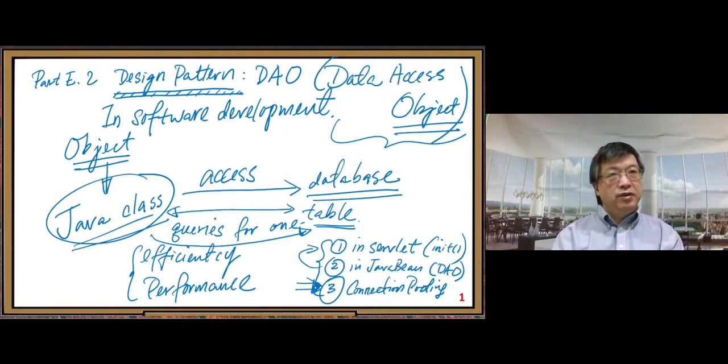After this semester, if you are interested in this topic, you can study this video. Number 3. All right, so now let us look at the example. I want to explain the example a little bit. I just want to explain the DAO part.